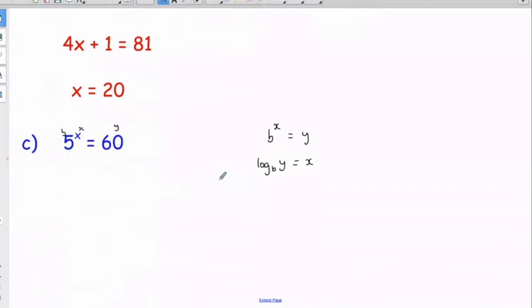So we'll work this answer out. It's going to be log to the base 5 of 60 will be the answer for x. And again, we're just going to grab the calculator and let it do the work for us. Log to the base 5 of 60 gives me an answer of 2.54 when I round it.